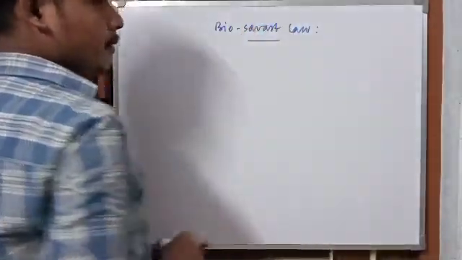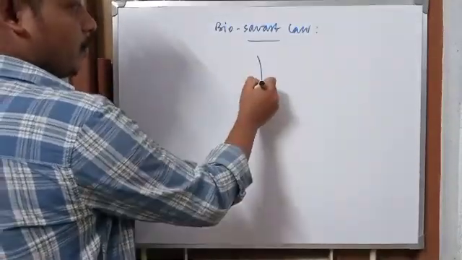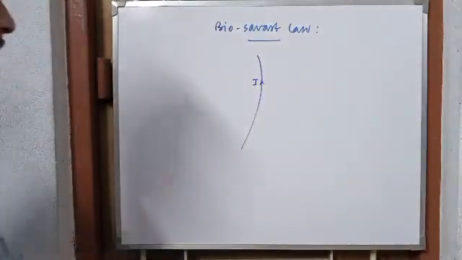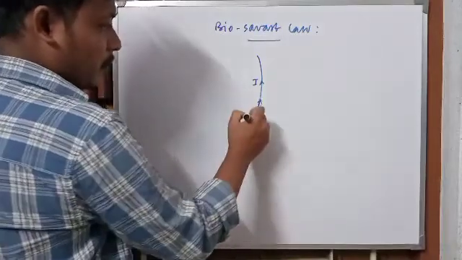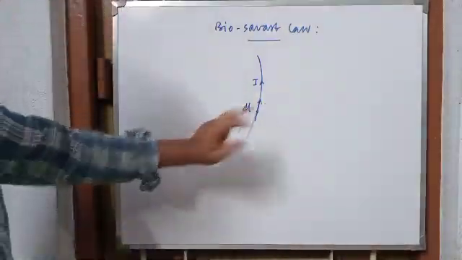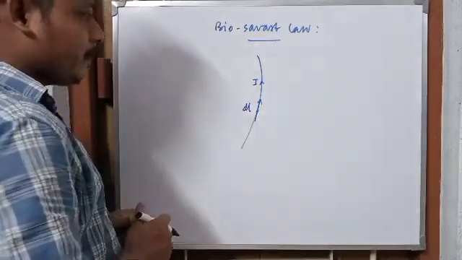This law says that if a current carrying wire has a current I flowing through it, we can consider a small part dl, a small straight line part.